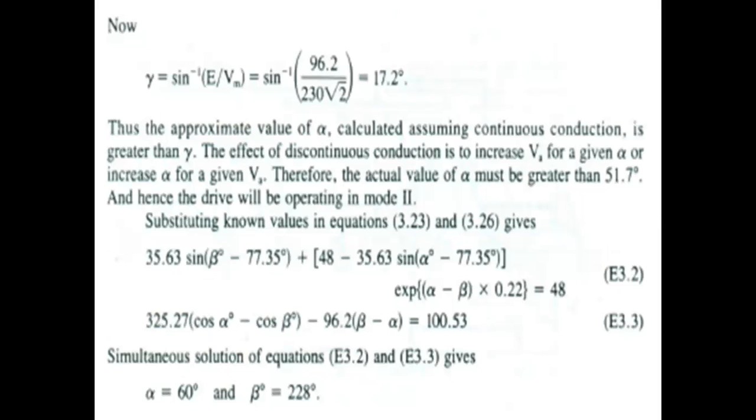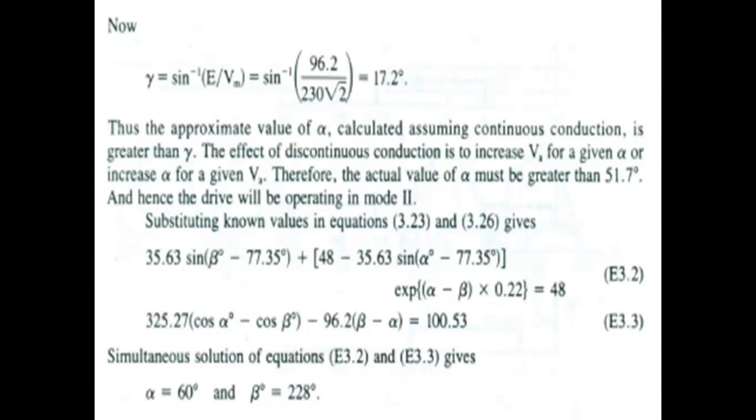So this is the effect of discontinuous conduction. To increase the VA for a given alpha, we will be increasing alpha for a given VA. That means actually the value of alpha should be 51.7. But as we are taking discontinuous conduction mode, we have to increase the value of alpha so that it will be motoring, operating in mode 2, because continuous means 4, discontinuous means 2.